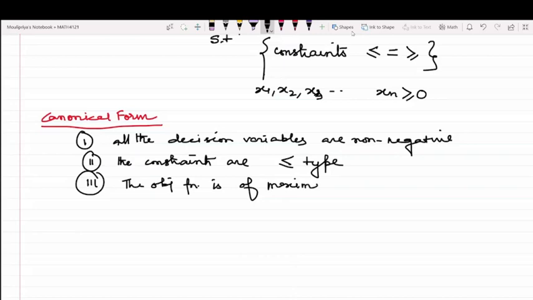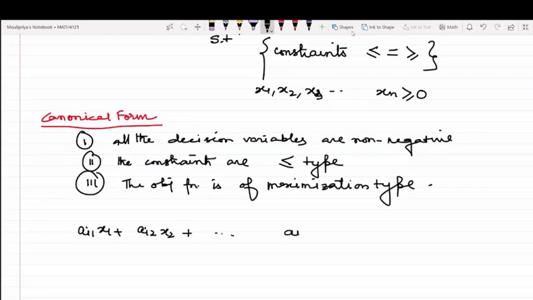Objective function is maximization type. Okay, so this is about an LPP to be in canonical form. Now that implies, if I write down the ith constraint, the ith constraint may be ai1 x1 plus ai2 x2 plus say ain xn less than equal to bi.